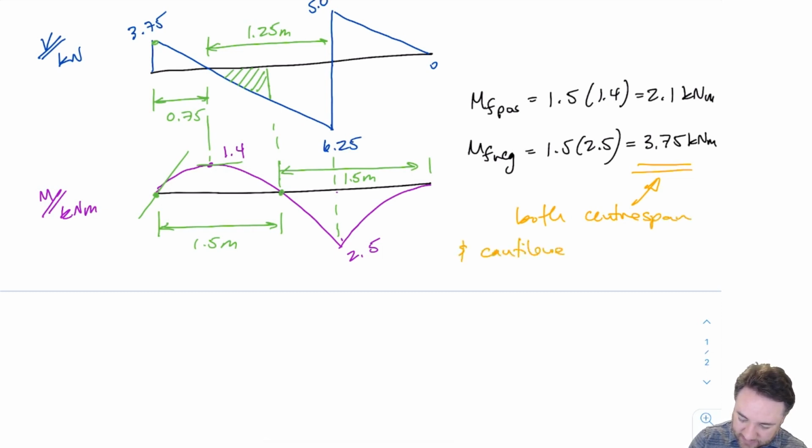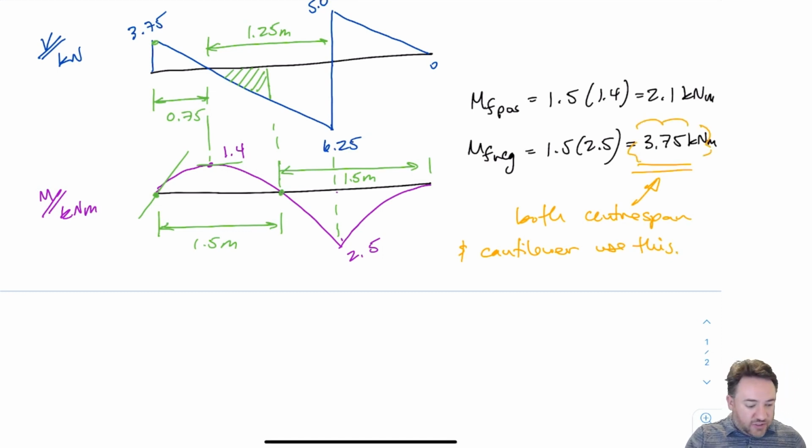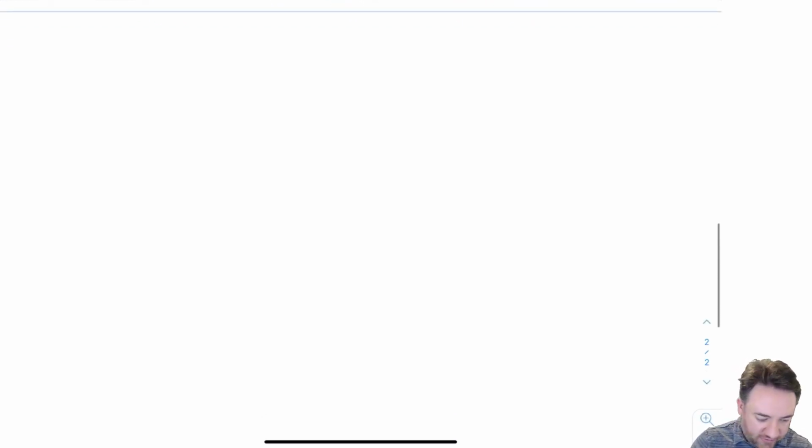Use this for this case. Okay, so this is going to be basically our MF, which is 3.75. Now that we know that MF, we can calculate our bending strength, which is what we're going to compare to that MF for both the center span and for the cantilever.